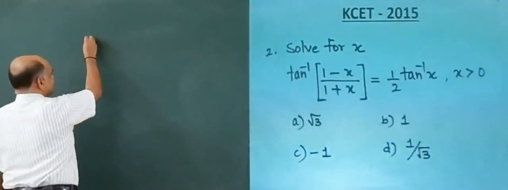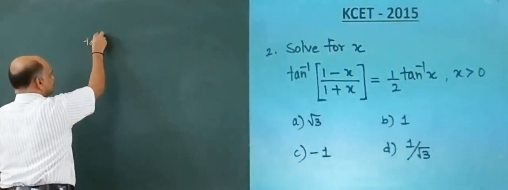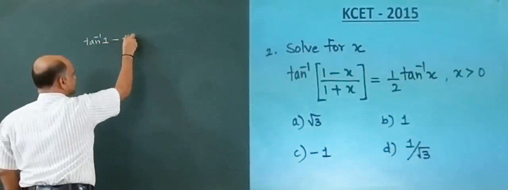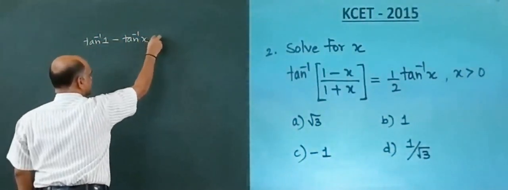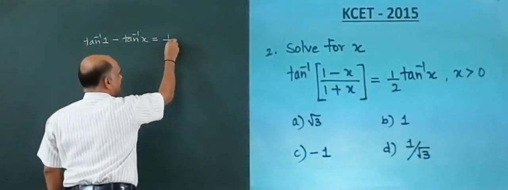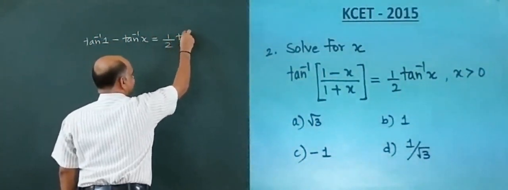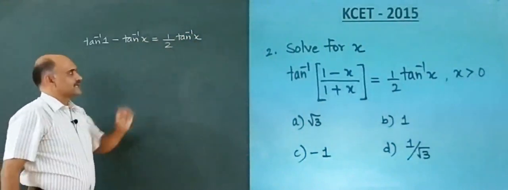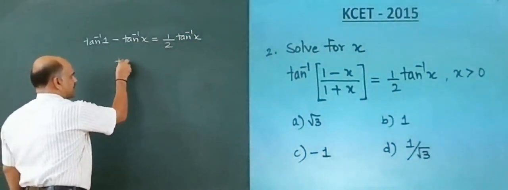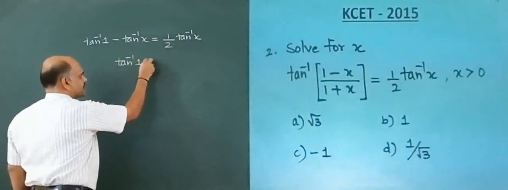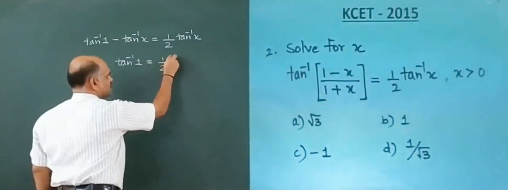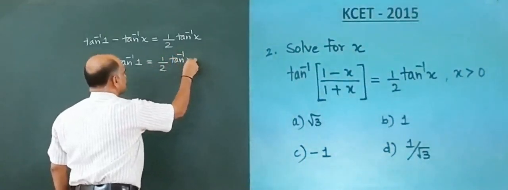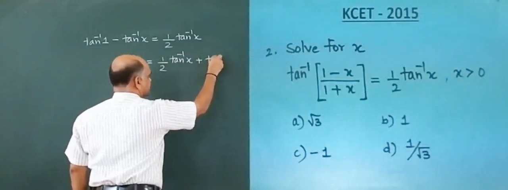So I can write it as tan inverse 1 minus tan inverse x is equal to half tan inverse x. Now take this tan inverse x to the RHS. So tan inverse 1 is equal to half tan inverse x plus tan inverse x.